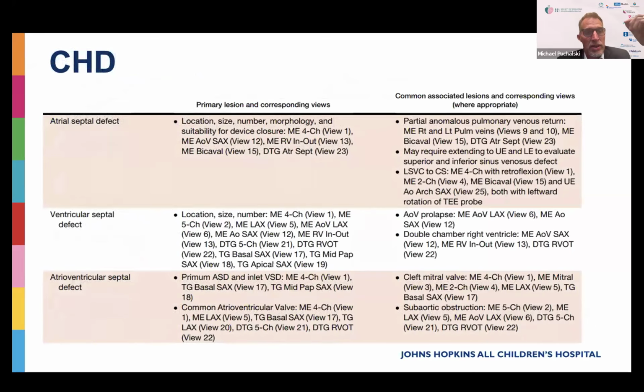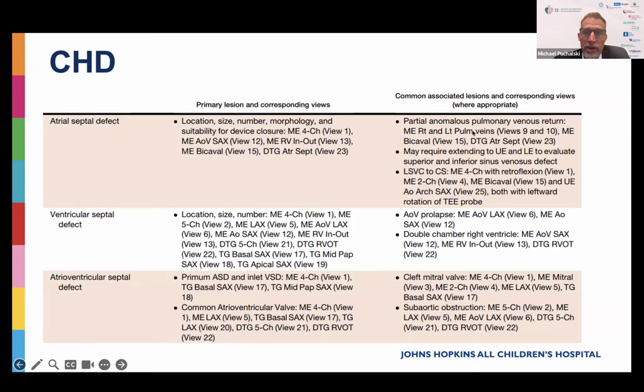So what I mentioned here is specifically around congenital heart disease that we included towards the end of the document. It's not really a diagram, it's more like a table, but it has the heart disease on the left-hand side here, and then the primary lesion that you're looking for in the center, and it will tell you which is the best view. And so, for instance, the mid-esophageal four-chamber view or view 1, looking at an atrial septal defect.